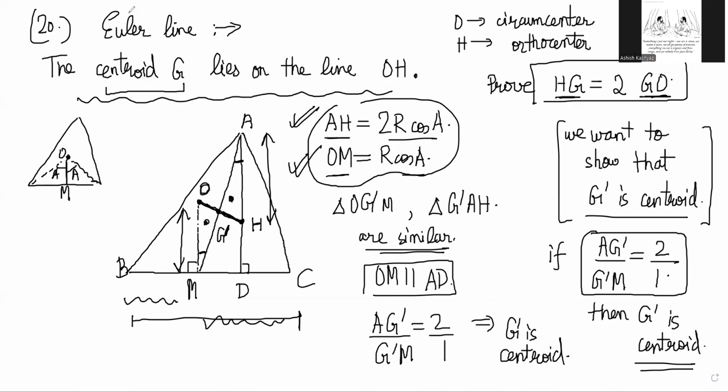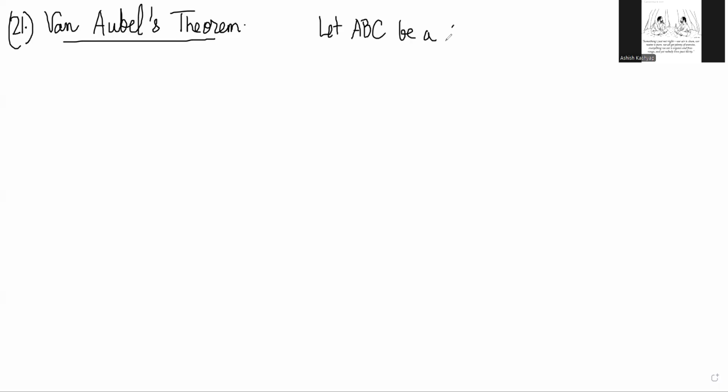The next thing is Van Aubel's theorem, point number 21. Let ABC be a triangle and let P be an interior point of this triangle.